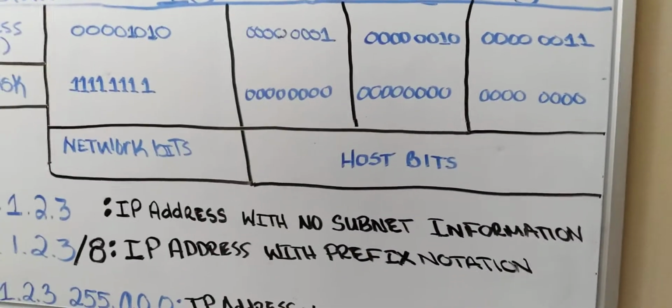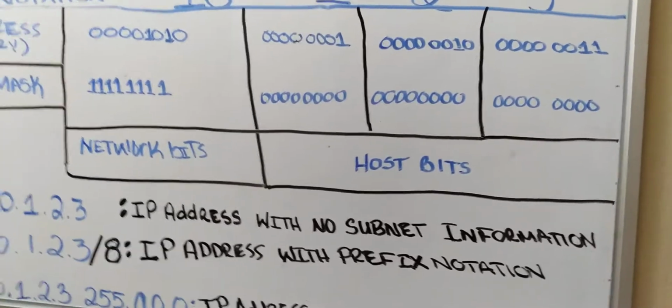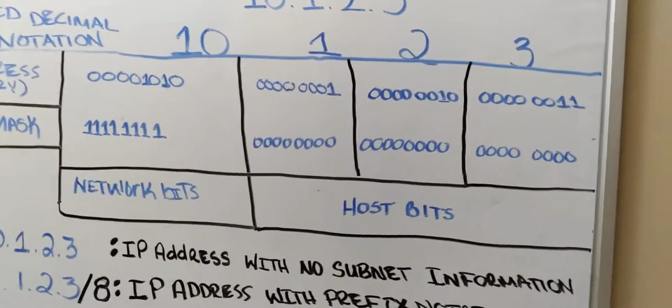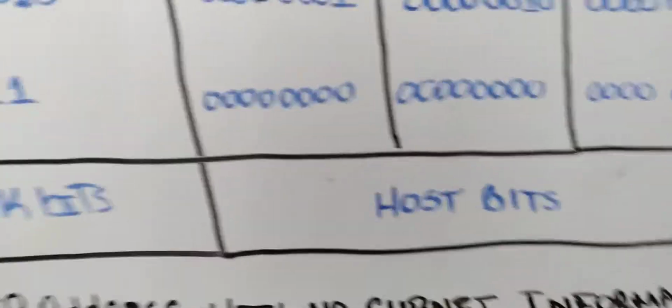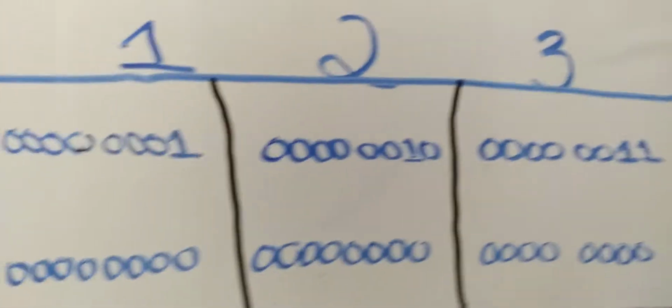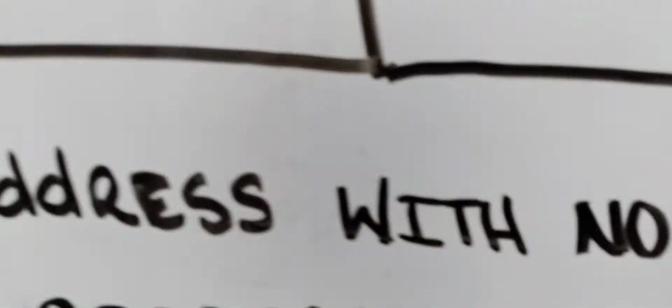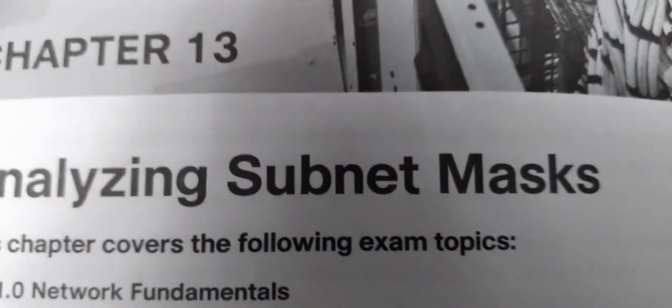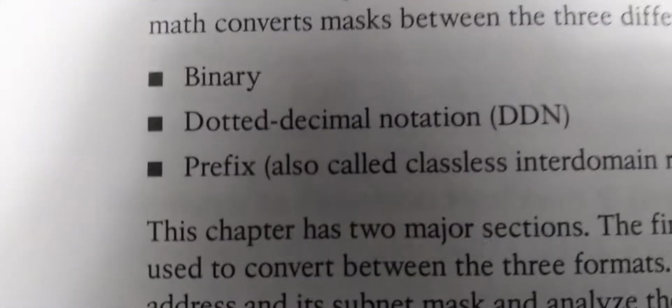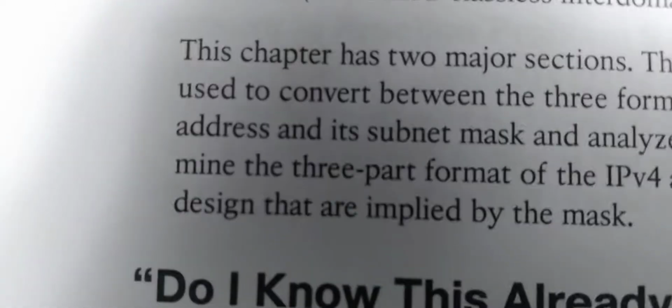We will do a reading on chapter 13, CCNA 200-301, volume 1, Wendell Odom. It will be on chapter 13, analyzing subnet masks, as well as the Do I Know This Already quiz.